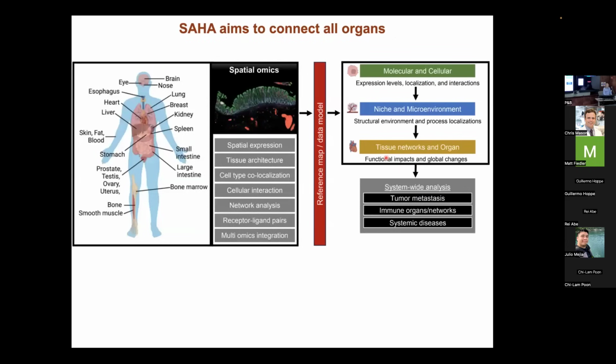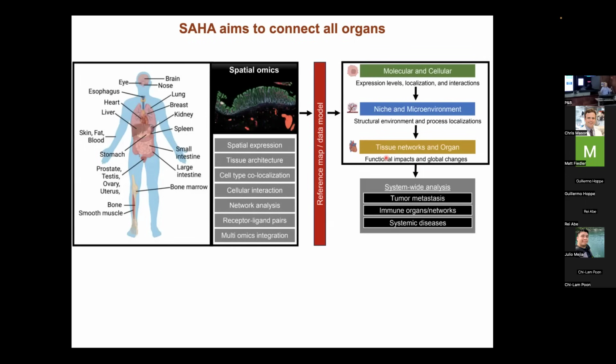Let's get over this. So, I think the goal here is to try to link the molecular and cellular changes that we've seen previously in single cell approaches, and now try to connect them to the spatial organization that's present within those tissues. If you get deep data from single cell RNA-seq, you can link this now to a spatial approach, which obviously does not have the same depth of targets.